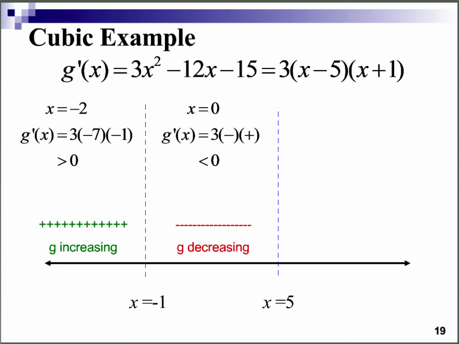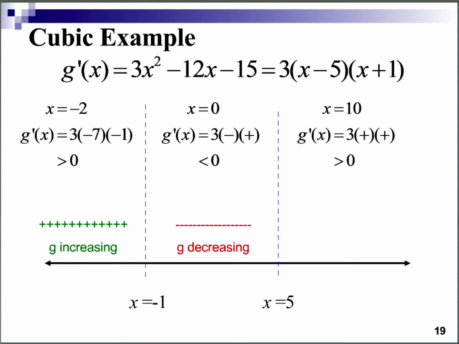Now remember, we don't automatically assume that because we got positive signs on the left that it automatically switches over to a negative there in the middle. We saw an example where it could be positive, level off for a quick moment, and then stay positive. So we always want to do this test if we are not sure about what's happening. And then finally we have that third region on the far right. Any value will do.